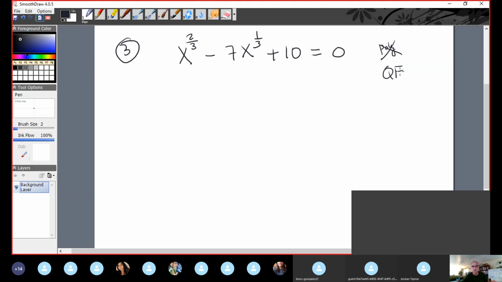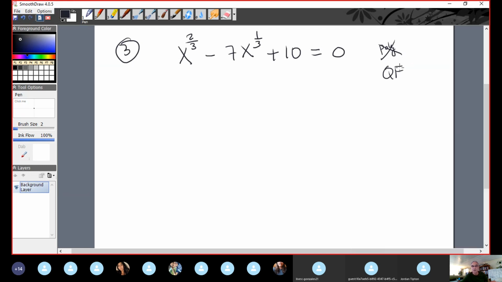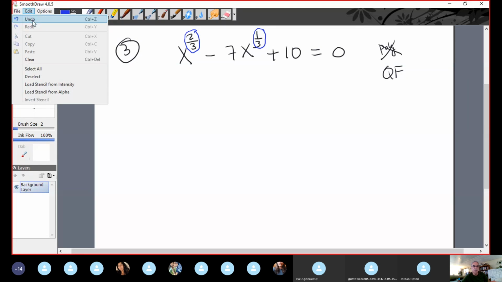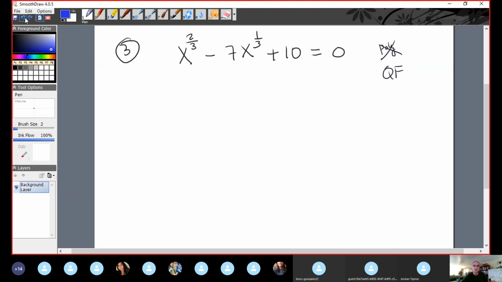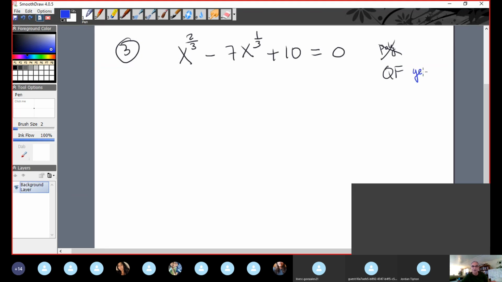Yes, quadratic in form. Remember the clue for identification of quadratic in form is you have two exponents. This exponent 2/3, this exponent 1/3. It is obvious that 2/3 is twice 1/3. Therefore, this is the only thing that you need to know to identify quadratic in form.